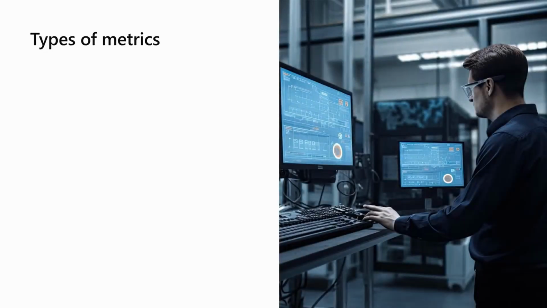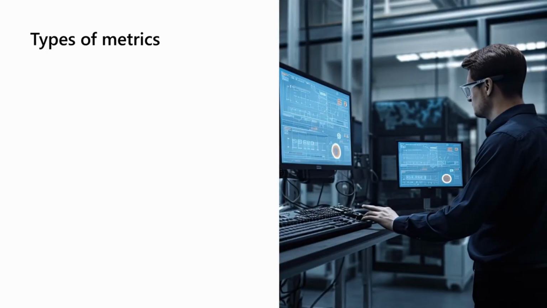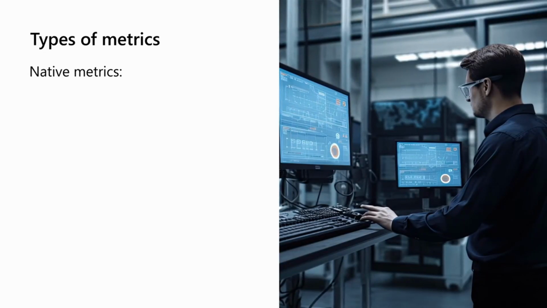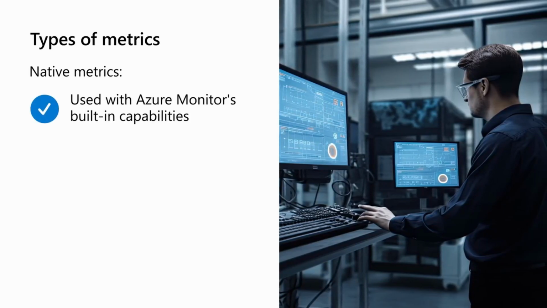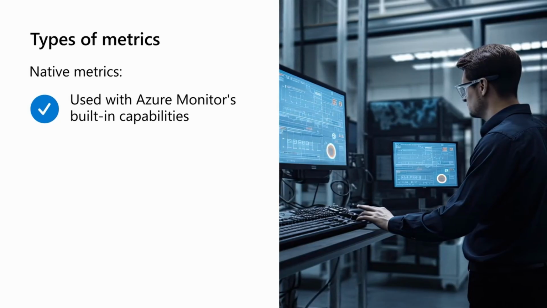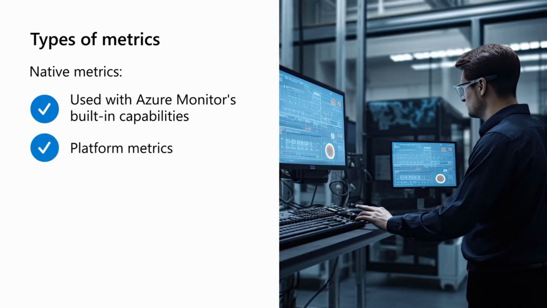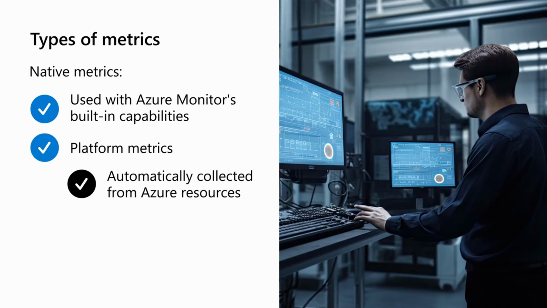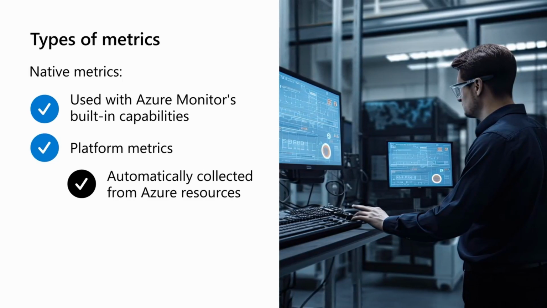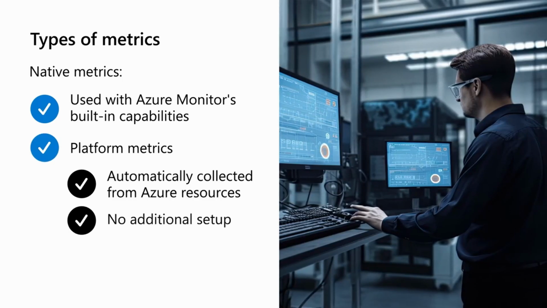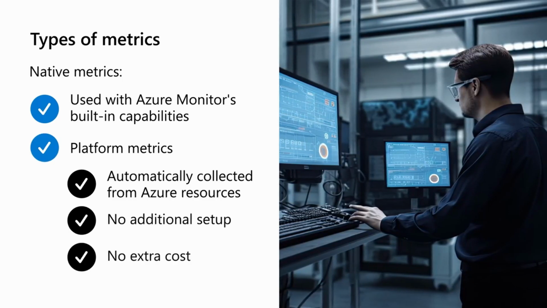Azure Monitor supports multiple types of metrics for monitoring and analysis. Native metrics in Azure Monitor are designed to be used with the built-in analysis and alerting capabilities provided by Azure Monitor. Platform metrics are a subset of native metrics automatically collected from Azure resources. They are pre-configured. So, there's no additional configuration required and no cost is incurred.